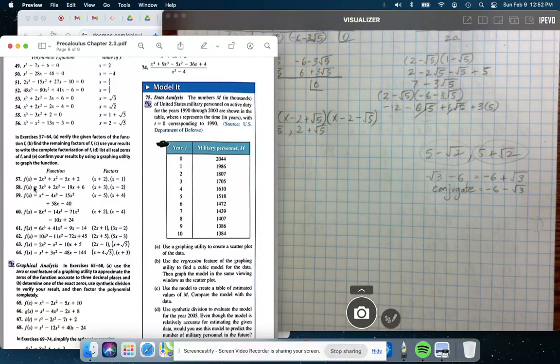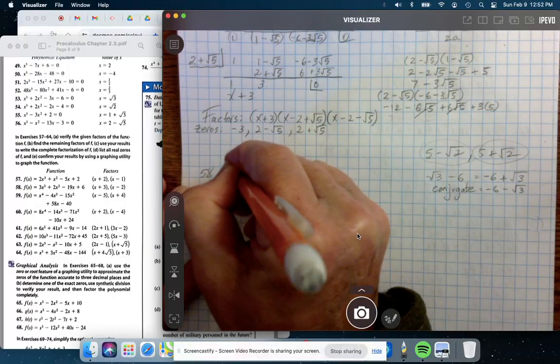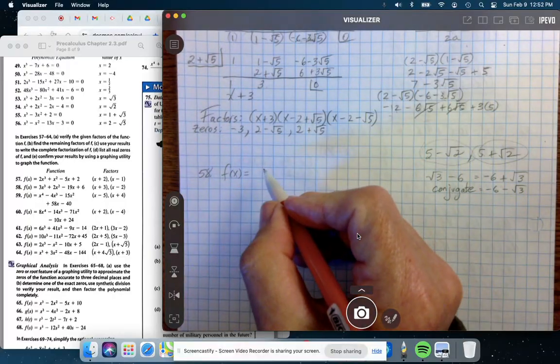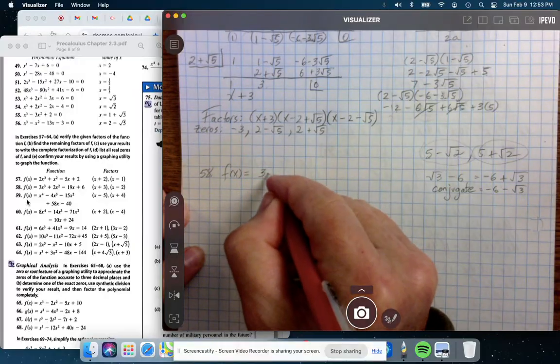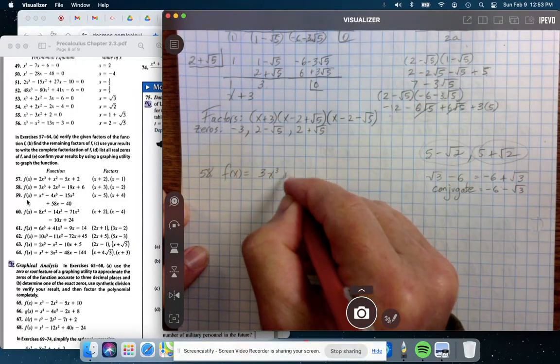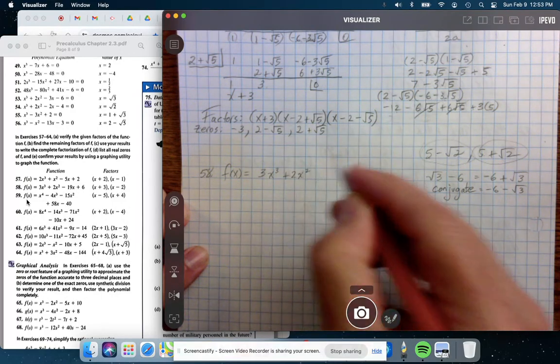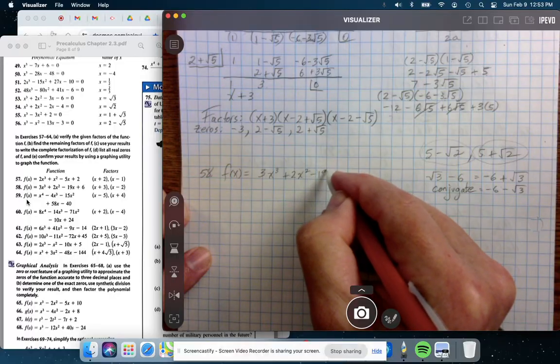we have f of x equals 3x cubed plus 2x squared minus 19x plus 6.